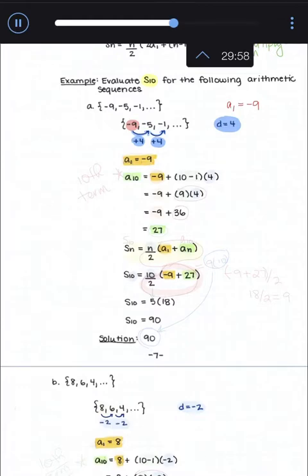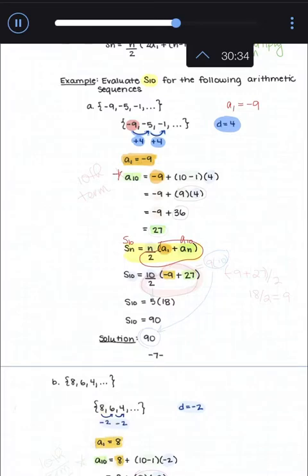So if we wanted to find the sum, let's look. The formula for the sum, if we look that up, is down here in the middle of the page. It says to take your first term, A sub 1, which was -9, and your last term, and average them: add them up and divide by 2. Well, the last term in this one, if you're looking for the sum of the first 10, is the 10th term.